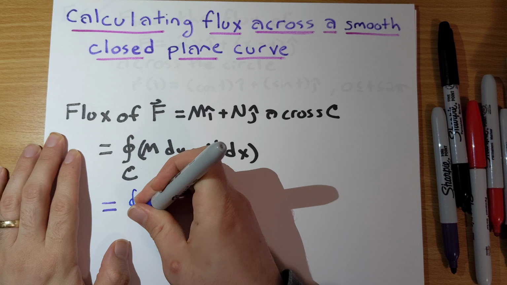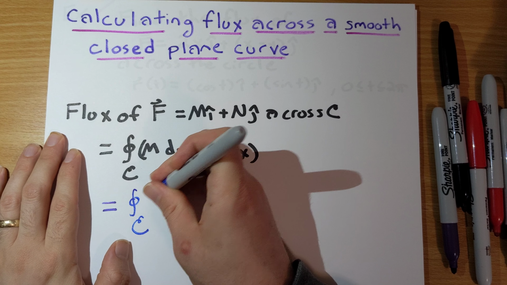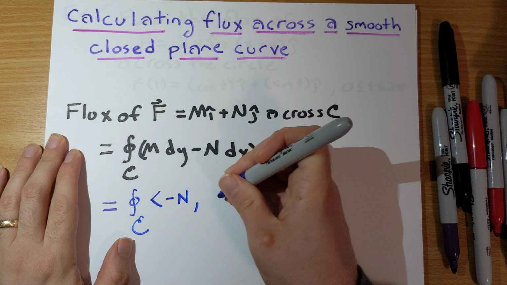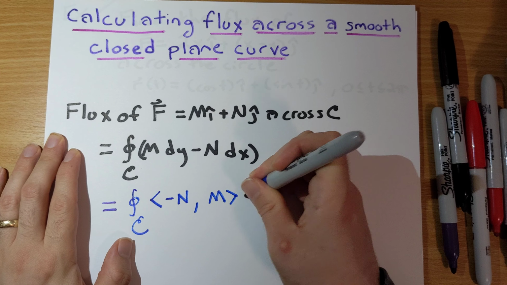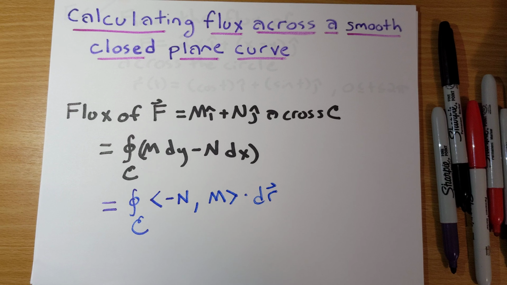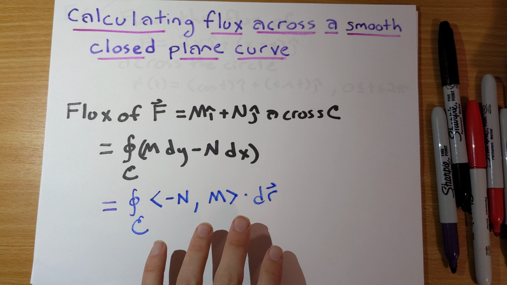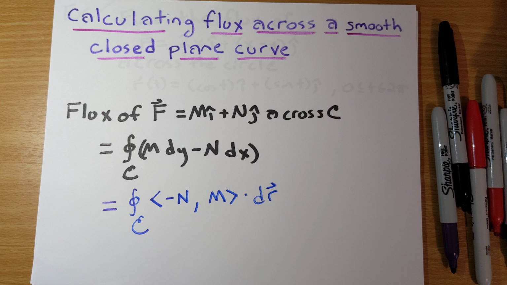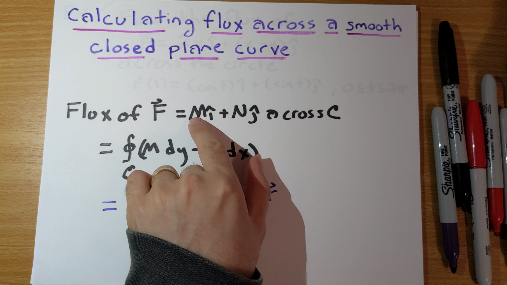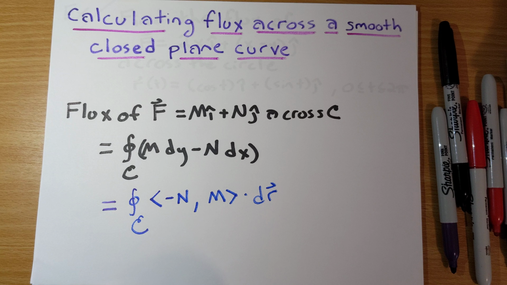If you prefer different notation, this would be integrating the vector field negative n comma m dot dr. Okay, so this is our formula to actually compute flux. Computing flux turns out to be very similar to things that we've done before, just slightly different. For F, you start off with F as m comma n, and you rewrite it in this form.